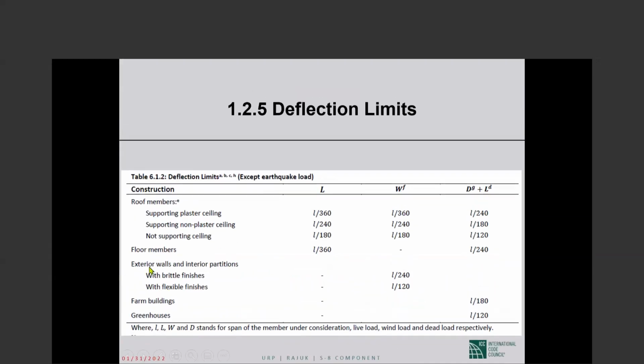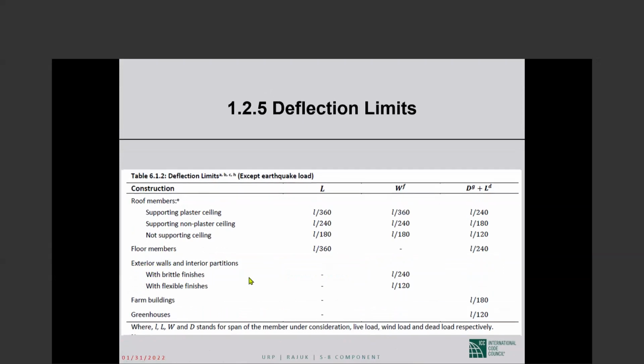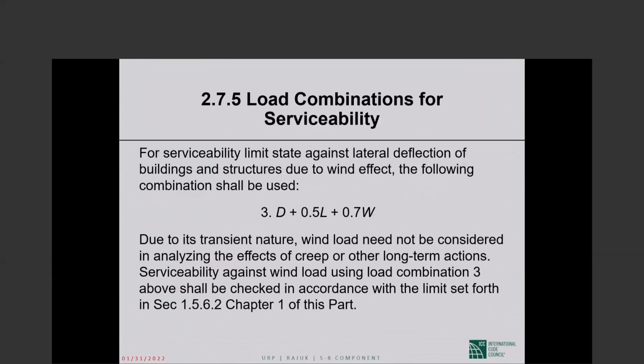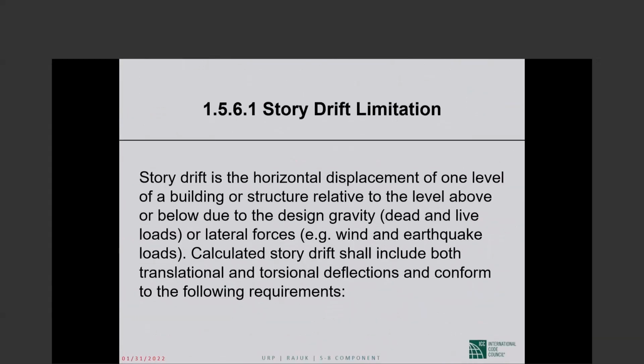Here we are talking about deflections of exterior walls, interior partitions; those are components. And this is why it is component and cladding load. Those are higher anyhow than the design wind loads for the main wind force resisting system. Okay. So anyway, the 0.7 factor brings the 50-year wind down to 10-year return period wind. That's the main thing I want to get across.